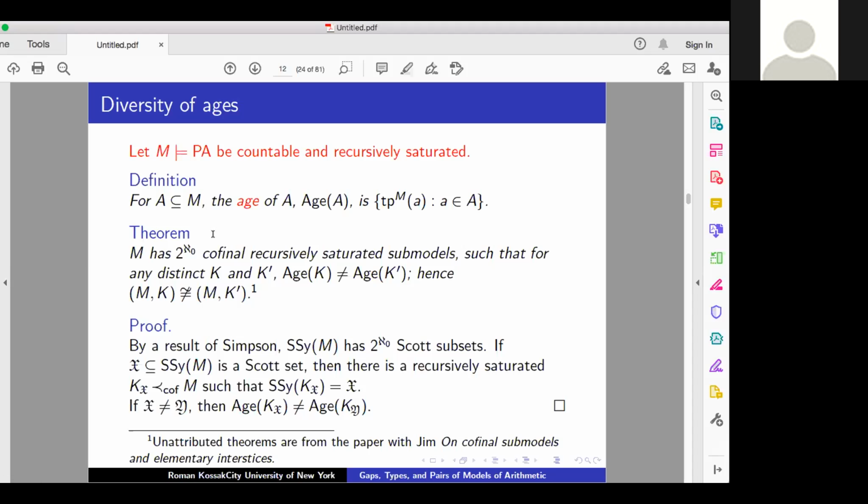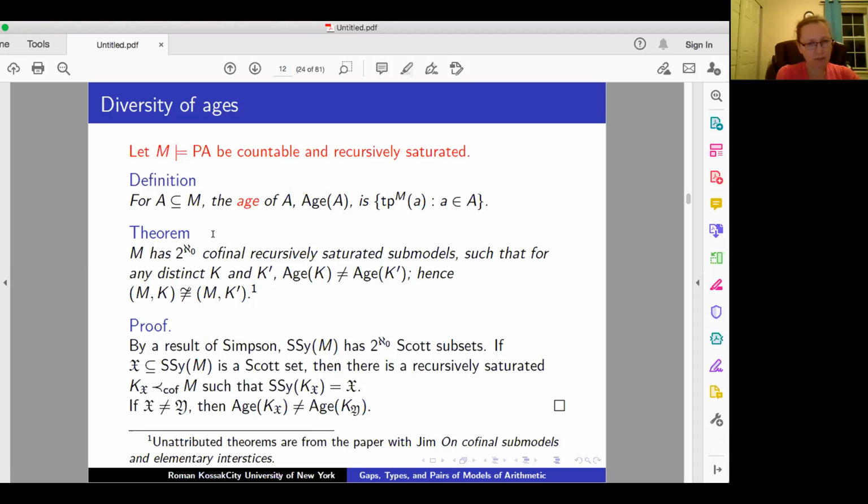Roman, I have a question. How do you build K_X? First, you just have this general result that says that if you have a Scott set that codes the theory of a model, a complete extension of PA, then there is a recursively saturated model of that theory that has this set as its standard system.